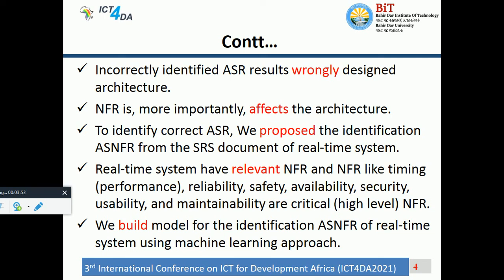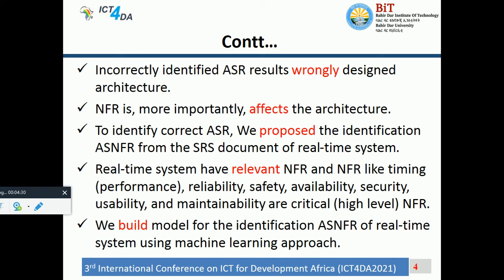So to identify correct ASR, we propose the identification of architecturally significant non-functional requirements from the SRS document of a real-time system. We proposed a machine learning model to identify them. A real-time system is a time-critical system which is subjected to real-time response to events. Real-time systems have 11 relevant non-functional requirements.